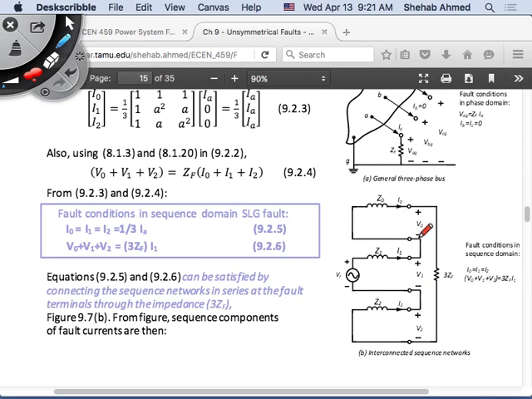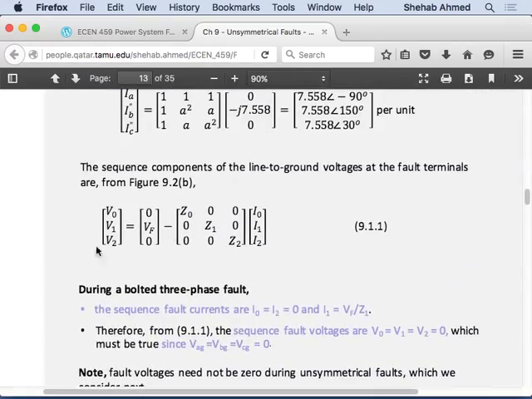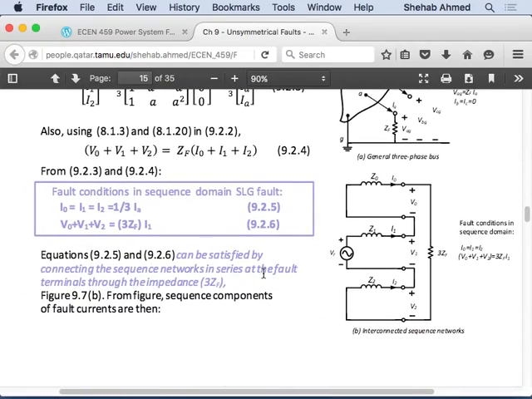The zero sequence voltage is equal to the negative of the voltage across this impedance; the positive sequence voltage is VF minus the voltage across this impedance. Or basically you apply the matrix that I showed you before, after you calculate the sequence currents. Everybody okay with this?